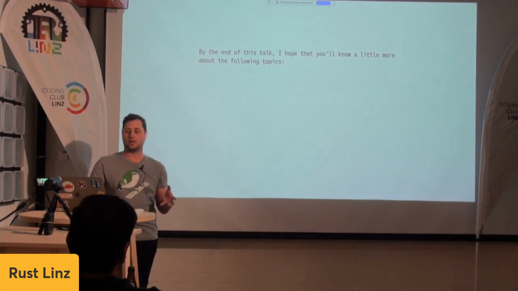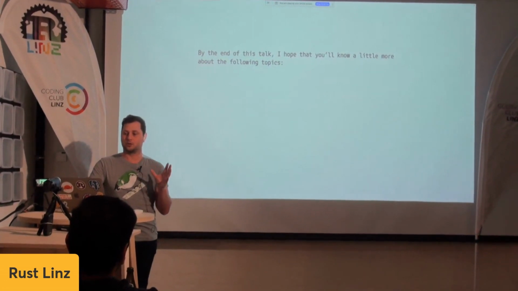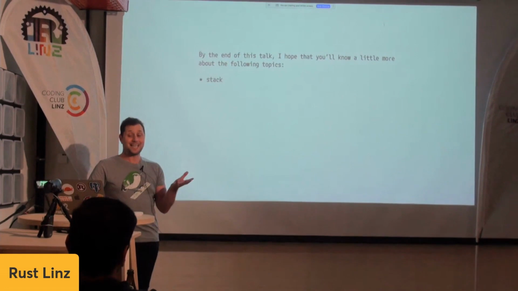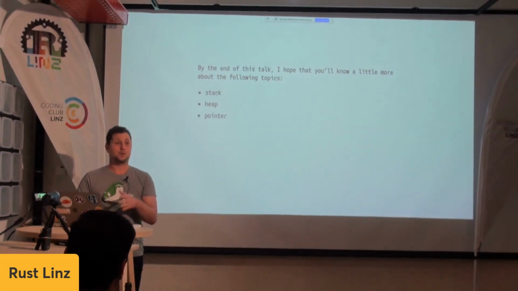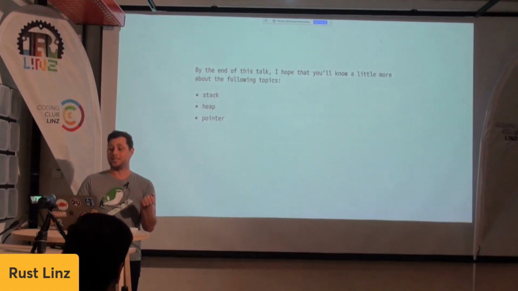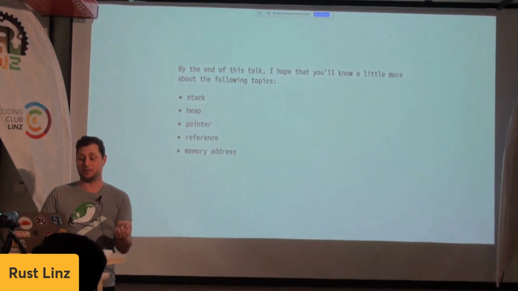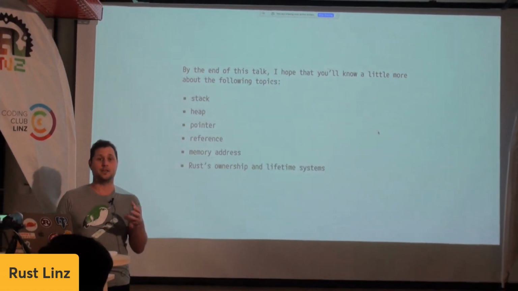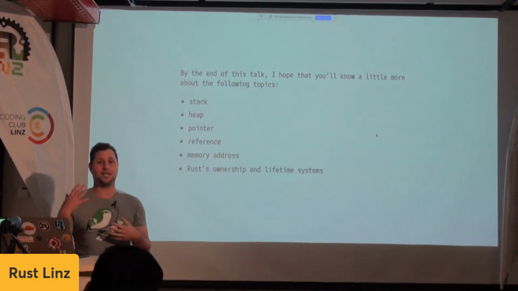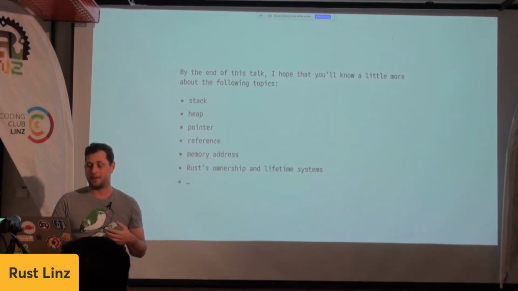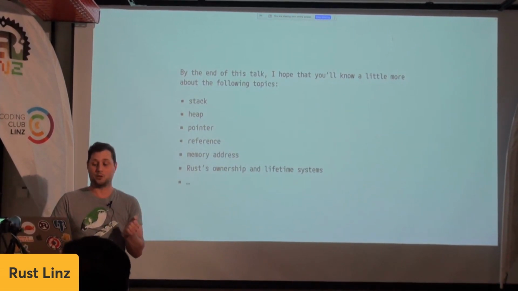At the end of the talk, I would like you to know more about what a stack is, what a heap is, as well as other things like pointer, reference, memory address, what the ownership system is and what the lifetime system is, and one or two other things even.